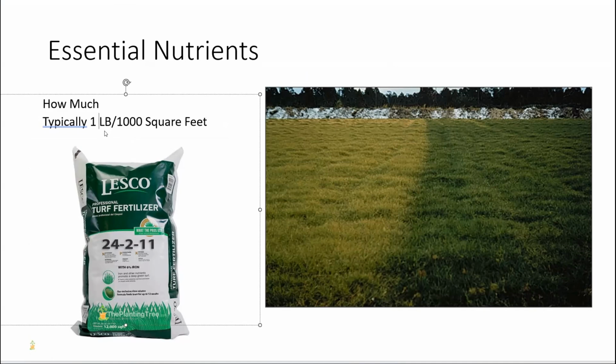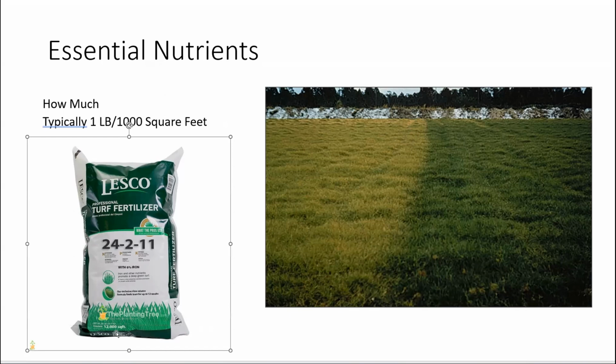In this case, that's pretty much what this is stating. If this says that it covers 12,000 square feet and there's 24% nitrogen in a 50-pound bag, that means there's 12 pounds of nitrogen. And at 1 pound per 1,000 square feet, you need 12 pounds to cover 12,000 square feet.